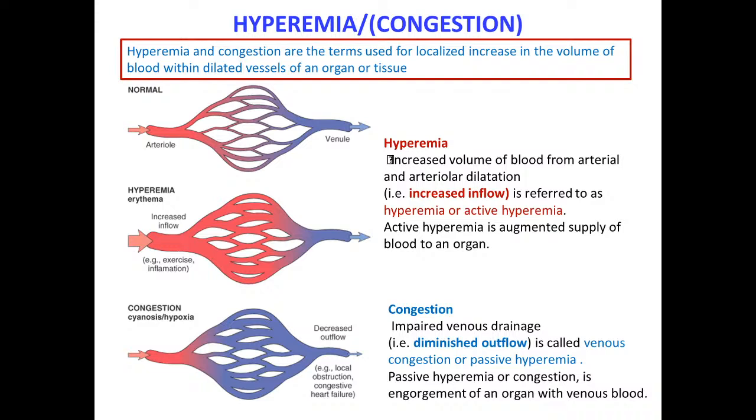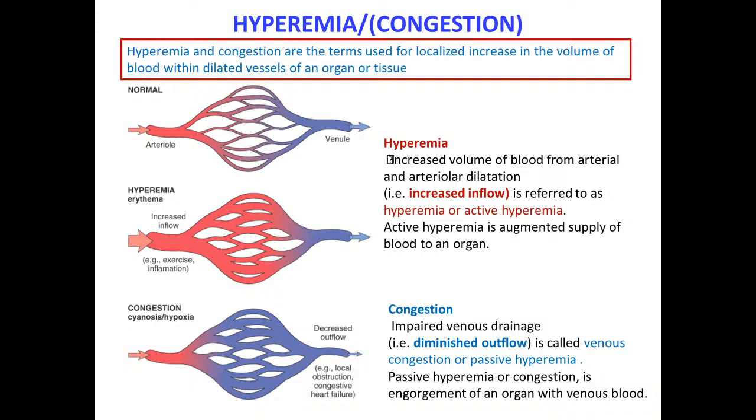Hyperemia and congestion are the terms used for a localized increase in the volume of blood in dilated vessels of an organ or tissue. Increased volume of blood from arterial and arteriolar dilatation is referred to as hyperemia or active hyperemia.